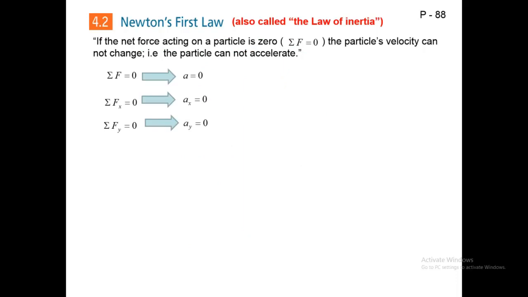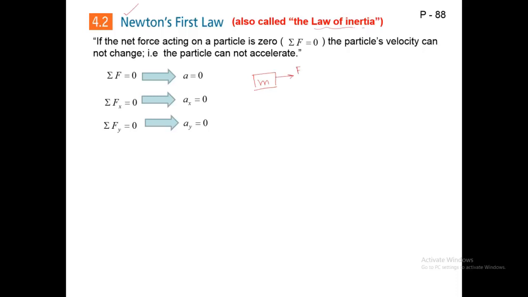Now, Newton's first law of motion, we also call it the law of inertia. I will explain inertia later. What is the statement of Newton's first law of motion? It says that if the net force, meaning the resultant force, the total vector force, when different forces are acting on an object. For example, this is an object of mass m.